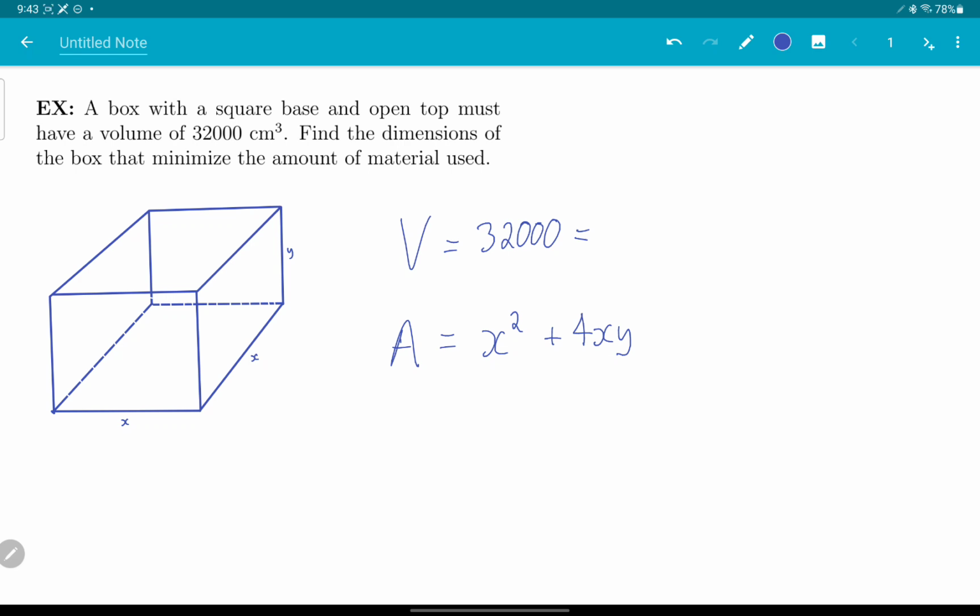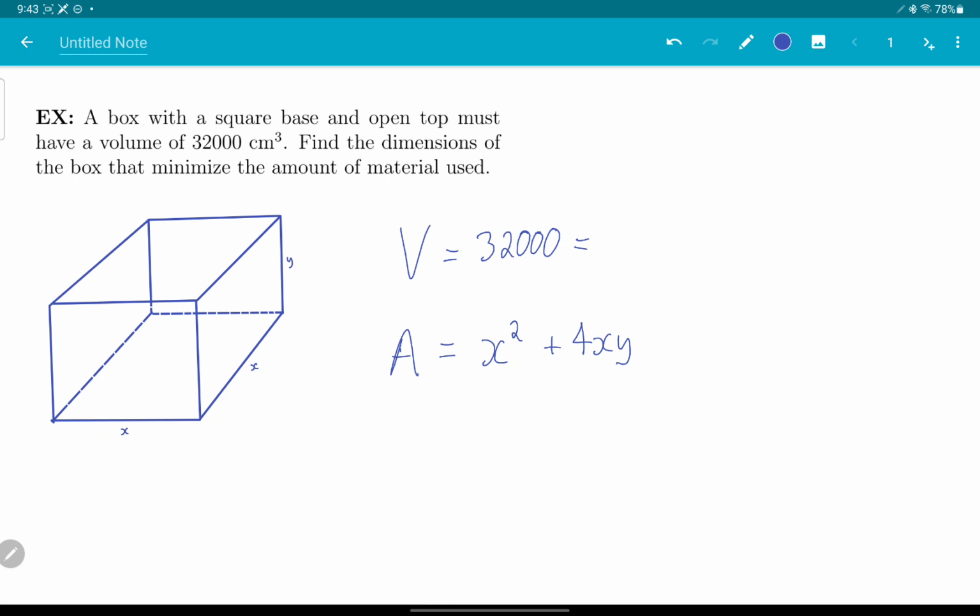Now, my area is what I want to minimize. I have too many variables, so I should use my volume equation to eliminate a variable. What's the volume of this box? You multiply the 3 dimensions, and you get x squared y.